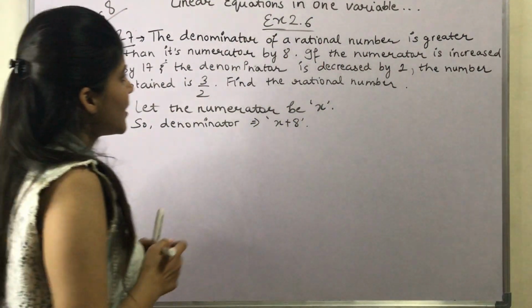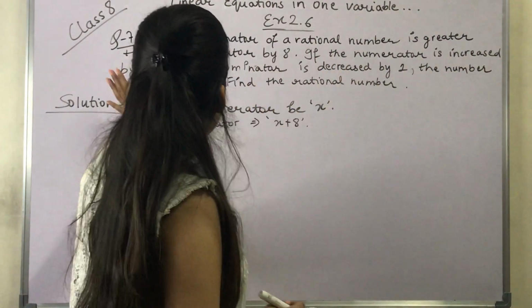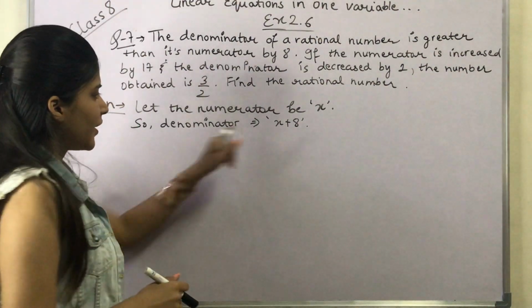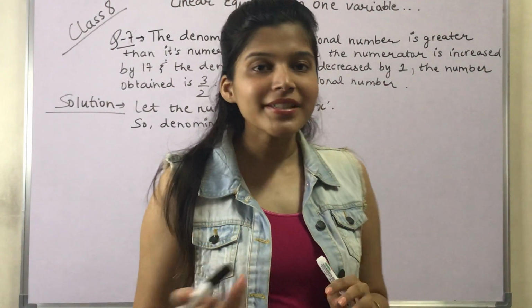Okay, so the first statement is clear now. Now second statement is, if the numerator is increased by 17, numerator मतलब x is increased by 17 means x plus 17.